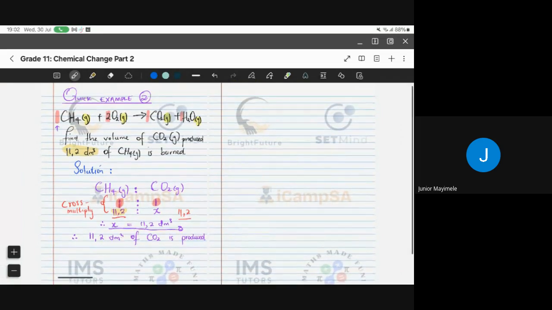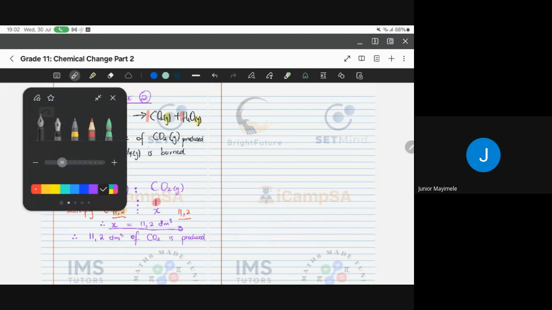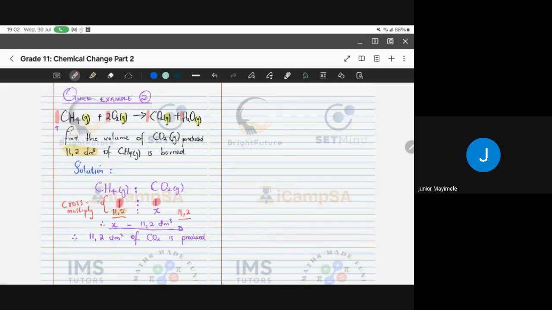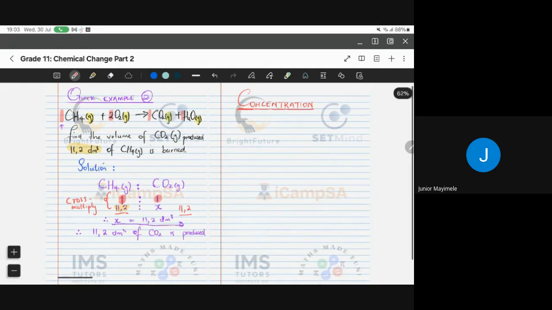So let's go. Point number 2. Concentration. A good way of thinking about concentration is, if you remember, I'm not sure how many of you had tea this morning or tea at some point this week.